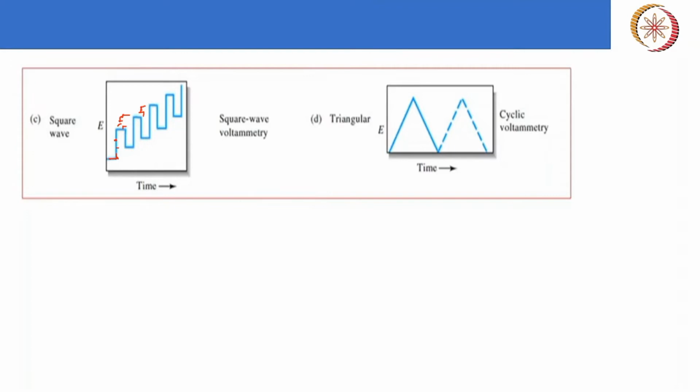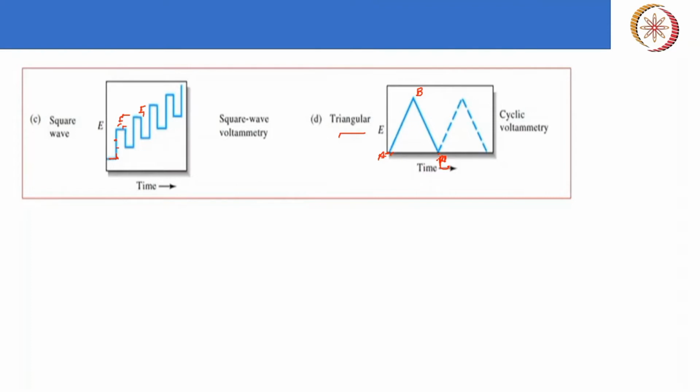We will discuss more details about square wave and DPV in a later class, or maybe the next class. Today we will discuss more about cyclic voltammetry, which is a triangular excitation of the potential. You sweep the potential from some initial state A to B, and then you come back to the initial state where you started.